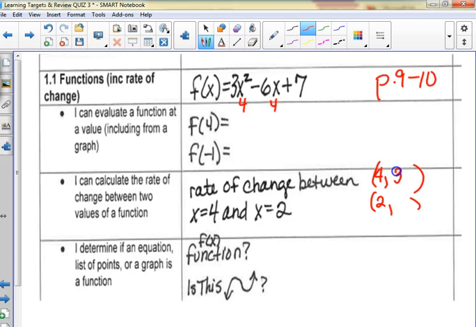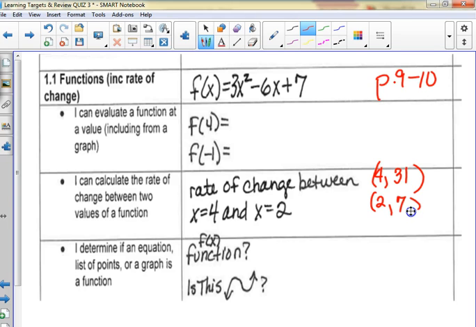I got 31, but that's probably wrong. Put in a 2 up here. Anybody get 4 and 31 and 2 and 7?